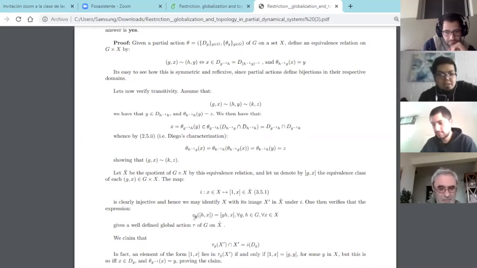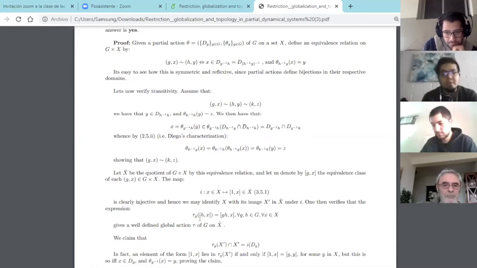So our global action that we will define on this quotient will be given by this. I want to take a pair, the class of the pair (h, x), and just what it should be, we should multiply by g, yeah? And this goes to another class, right?